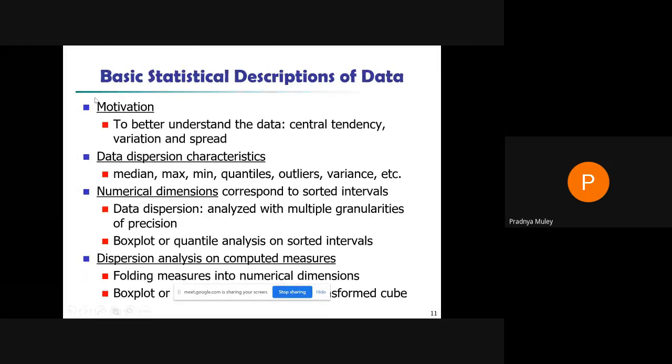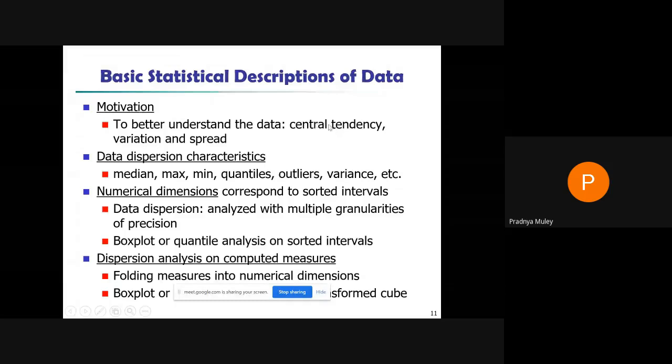Today we are going to start with basic statistical description of data. Why do we need to describe the data statistically before proceeding to data mining? The motivation behind this is to better understand the data. To better understand the data, we should know the central tendency, the variation, and the spread.